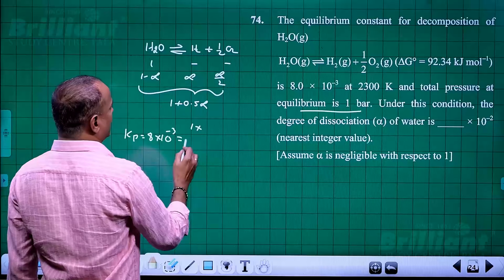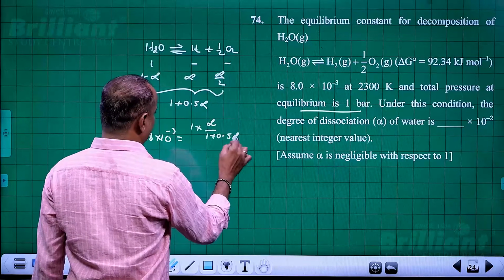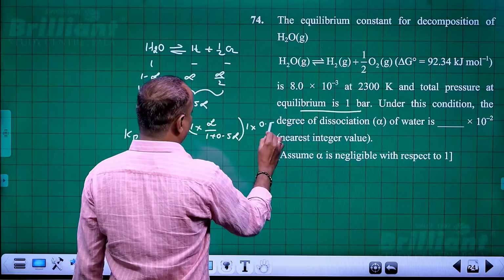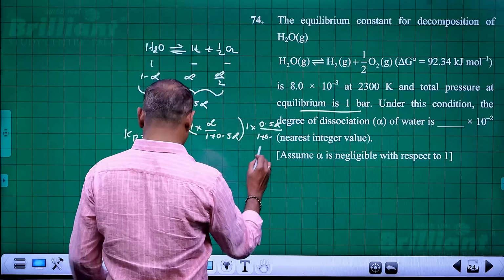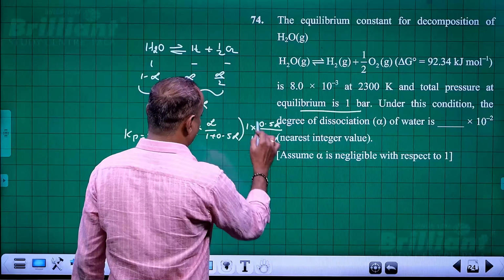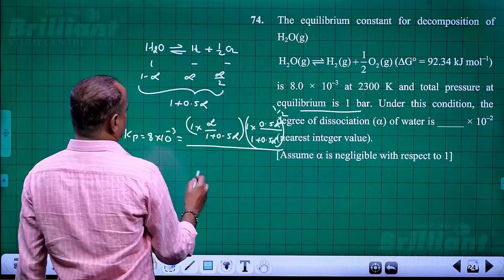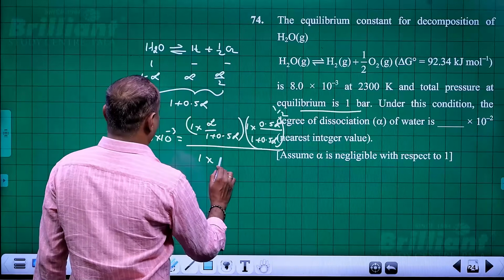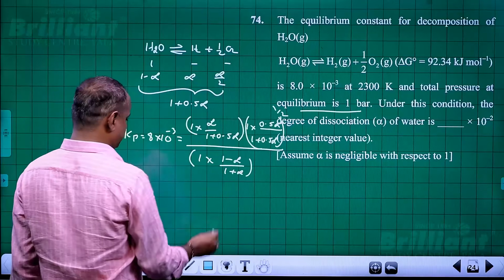So 1 into alpha by 1 plus 0.5 alpha, times 1 into 0.5 alpha by 1 plus 0.5 alpha raised to the power of 1 by 2, divided by H2O gas, 1 into 1 minus alpha by 1 plus 0.5 alpha.